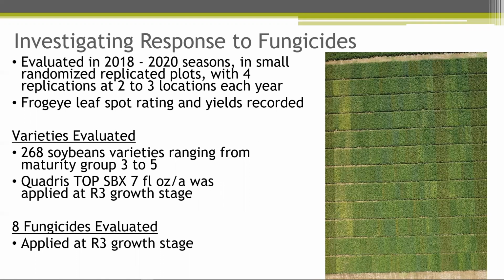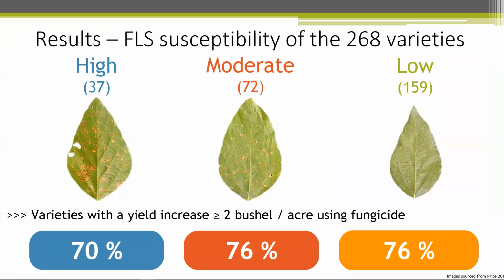Not all 8 fungicides were evaluated across all 3 years. We only had, I believe, 3 consistent ones that will show across all 3 years, and I'll explain the ones we did have and show you the number of site years of data for each.